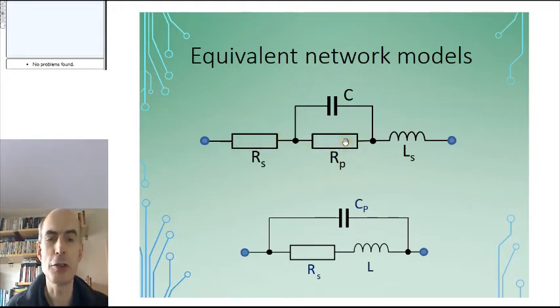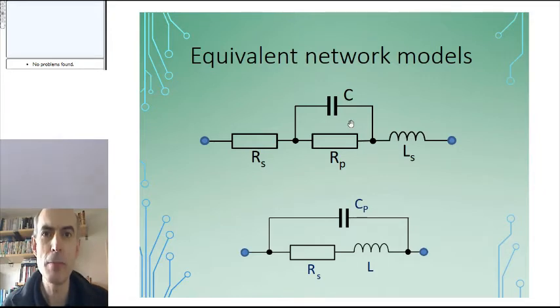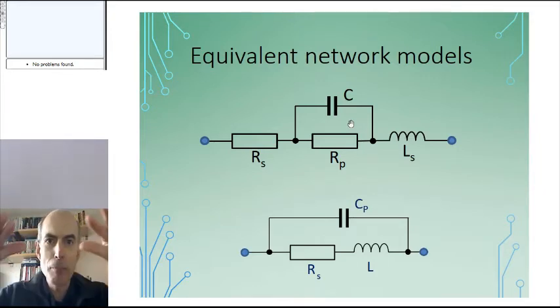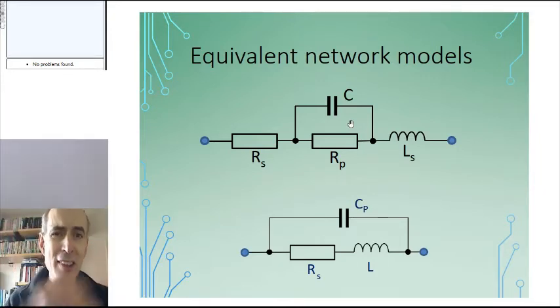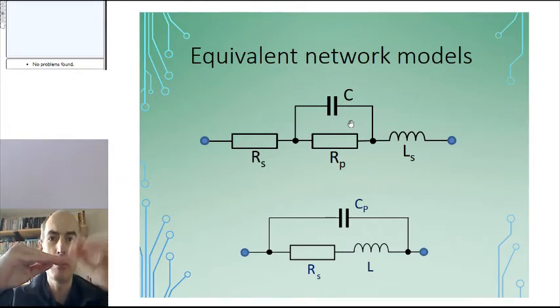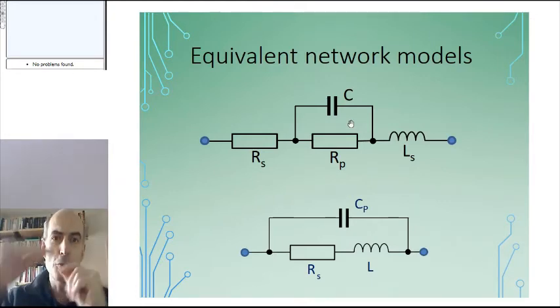This resistor, Rp, is a leakage resistor. All real capacitors do allow a very small amount of charge to actually flow through from one terminal to the other terminal. An ideal capacitor, if you remember the barrel analogy with the rubber membrane in it, doesn't let any charge flow from its top terminal to its bottom terminal.